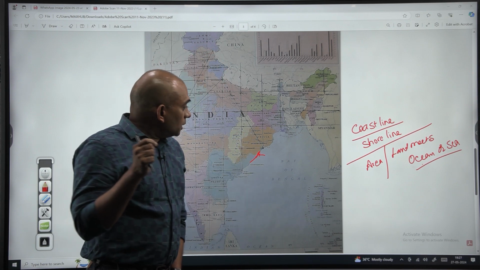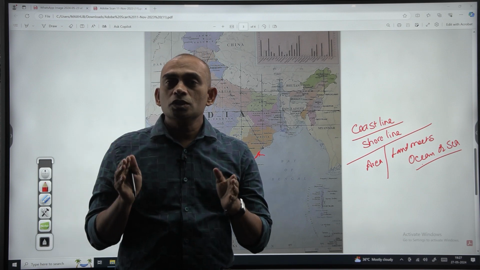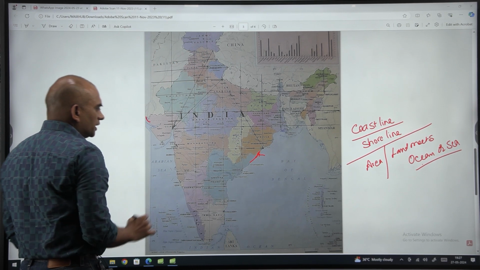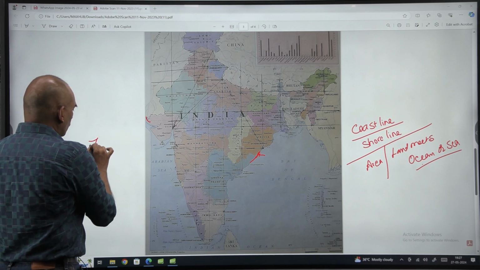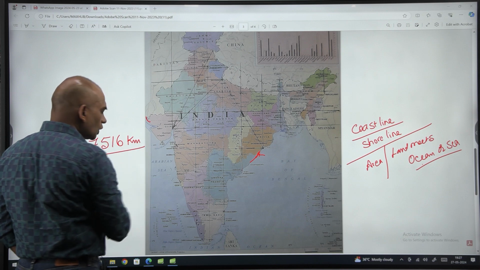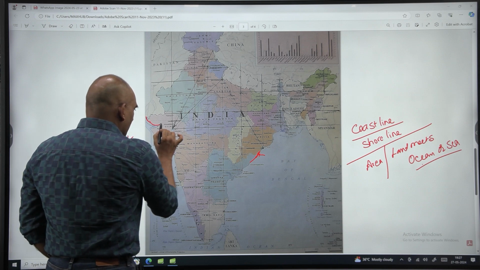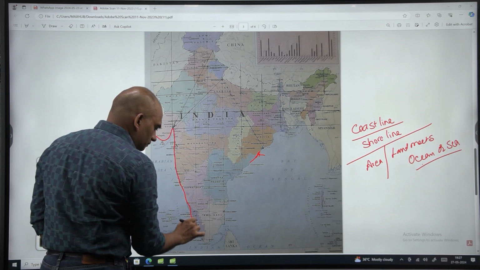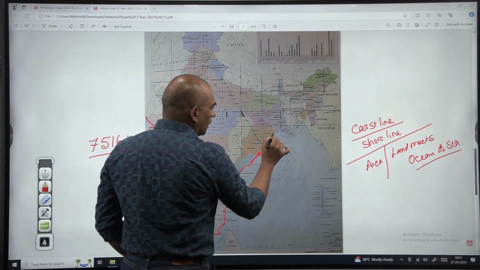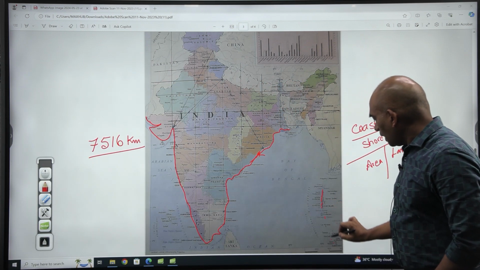We have already discussed how much coastline India is having. India is having 7,516 kilometers of coastline. That includes the entire mainland of India, and also includes the islands.